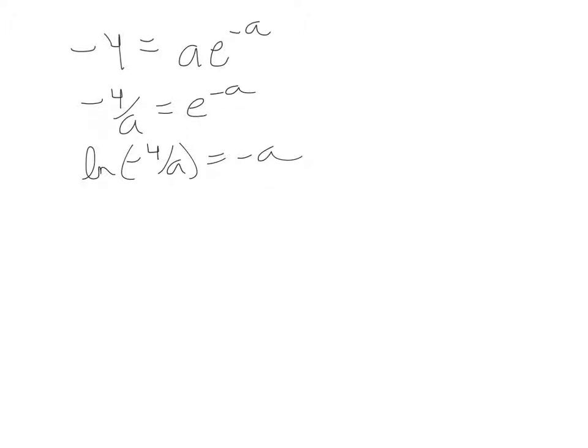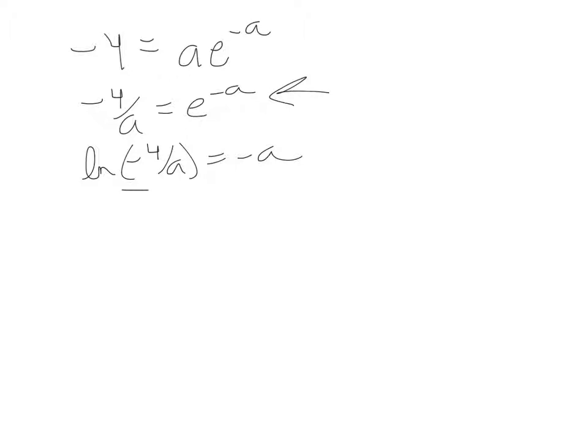But now we see that we have a problem. We have the a trapped both inside the logarithm and outside the logarithm. Just like before, we had a trapped outside of the exponential function and inside the exponential function, which is just a little bit tricky. Here's what you can do to get around that problem.